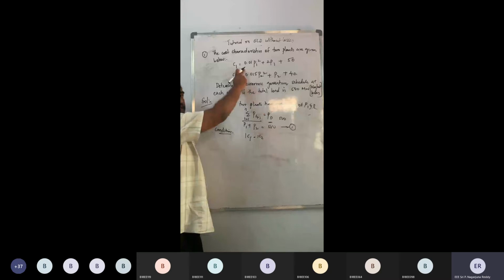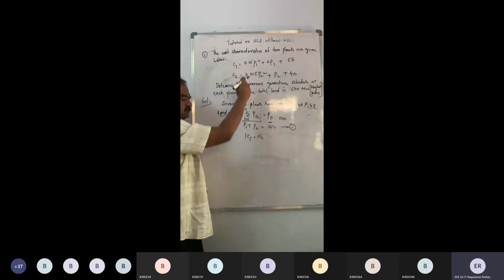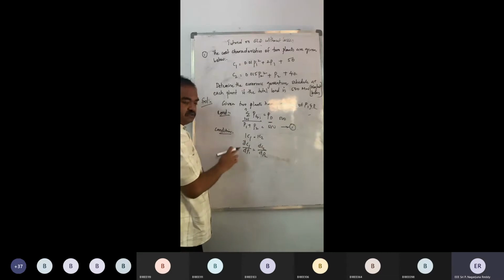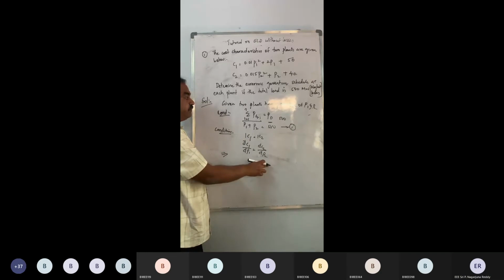See, cost is given, differentiated with respect to its generation, you will get incremental cost. IC1 is equal to dC1 by dP1. IC2 is equal to dC2 by dP2.